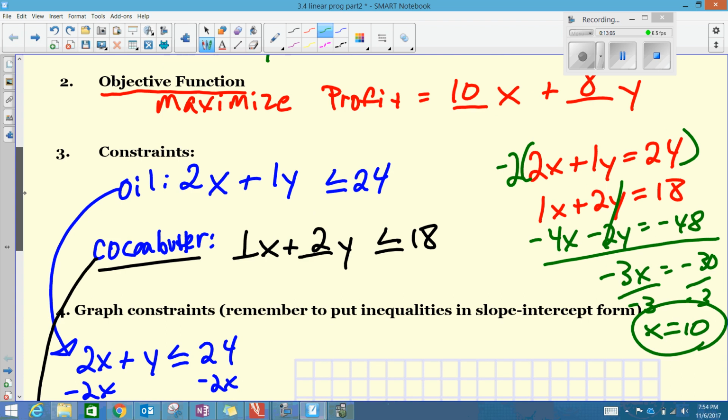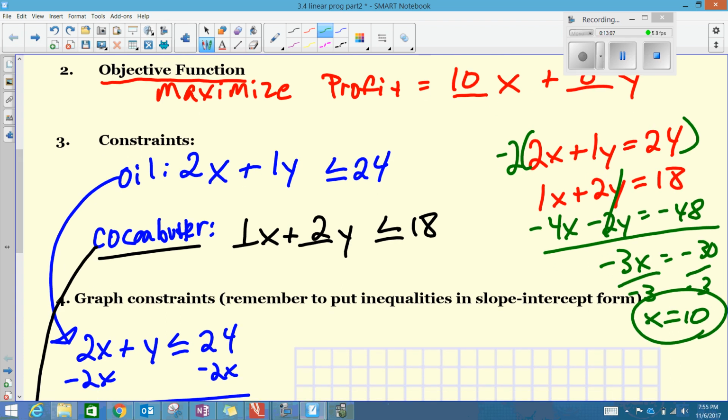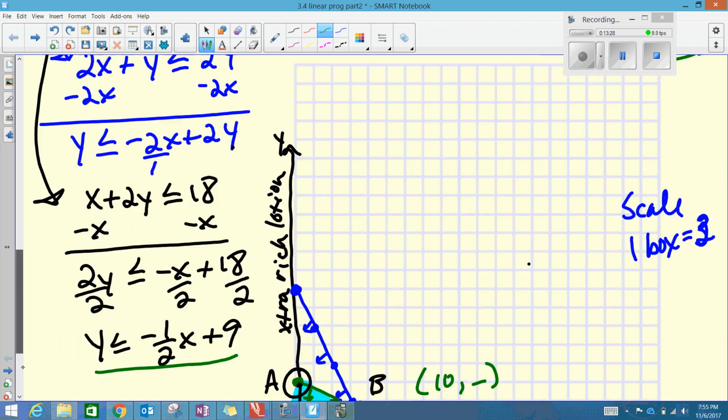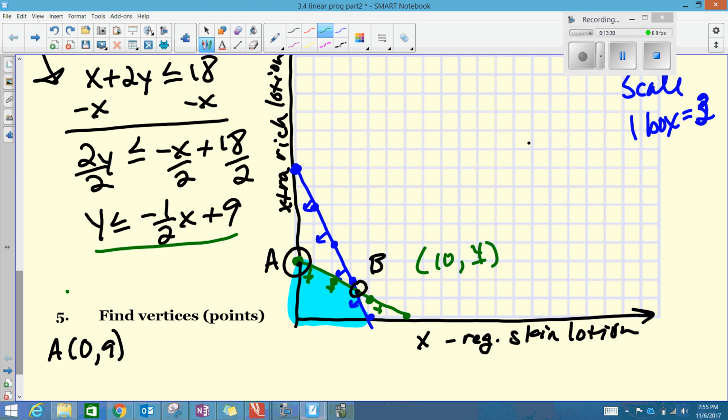So I can come back up here, and if I plug 10 into this equation, I get 2 times 10 plus y equals 24, which gives me 20 plus y equals 24. So I know that y equals 4. So this point down here is 10, 4.